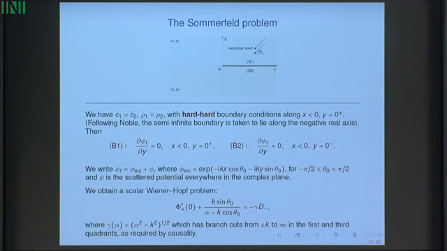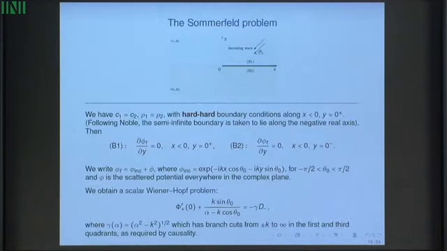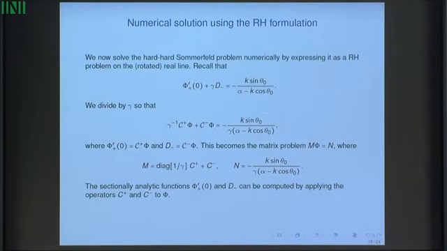For scalar problems, this has an explicit solution. So this is the equation here. What we do is divide by gamma, by this function here, without loss of generality, and then take this expression and replace phi plus with c plus phi, and the same for d minus.